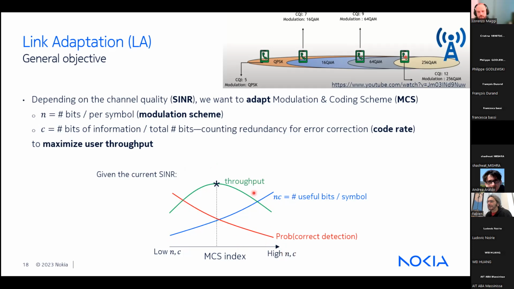So the throughput, which is somehow a product of these two, is a somehow unimodal function that has a peak somewhere, given the current SNR. So basically, you want to choose the right MCS index that maximizes it. Of course, this is a quite simplistic and naive view, but I think it's important to set the stage with some simple model.